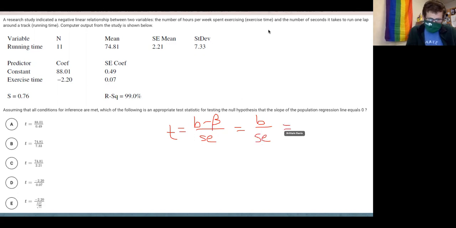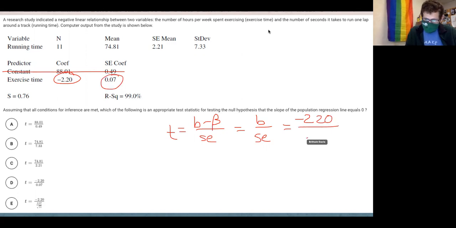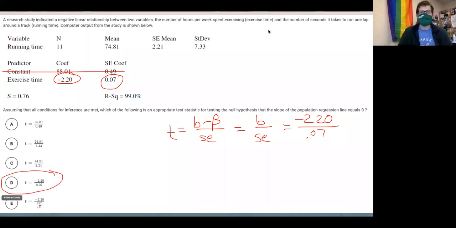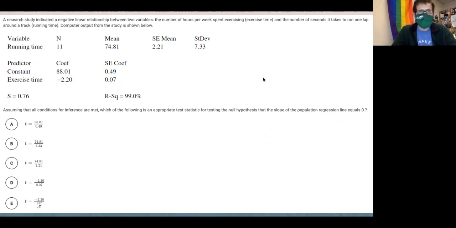And b is given right here. We don't care about the constant. So it's negative 2.20 over standard error is 0.07. That's given right here, D. So if you were overthinking it, next time underthink this one. Okay, so it's really not that bad with linear regression. I'm going to go ahead and clear that.